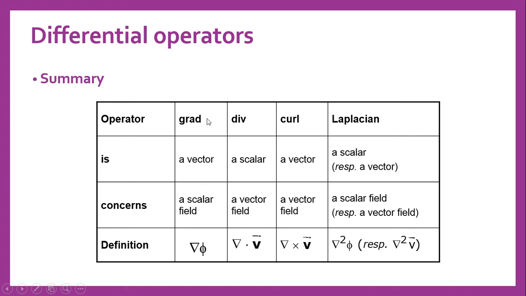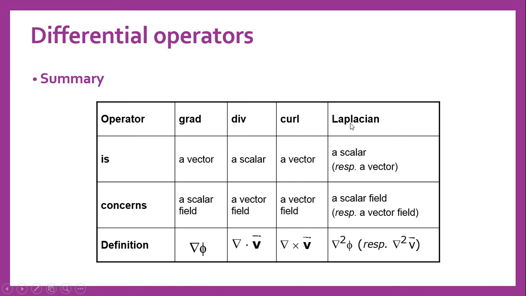Divergence always operates on a vector and the resultant will be a scalar. Curl also always operates on a vector field and the resultant will be a vector.